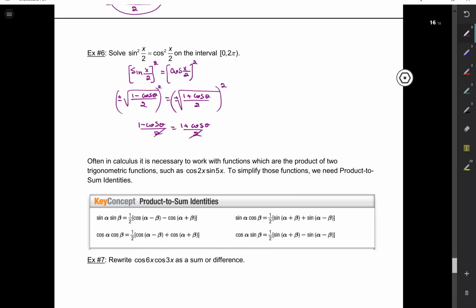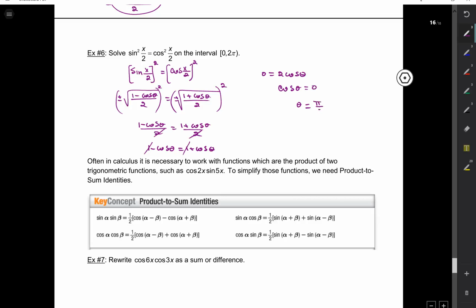So now I have 1 minus cosine theta equal to 1 plus cosine theta. The 1's go away. So now I have 0 equals how many cosine theta? So where is cosine theta equal to 0?